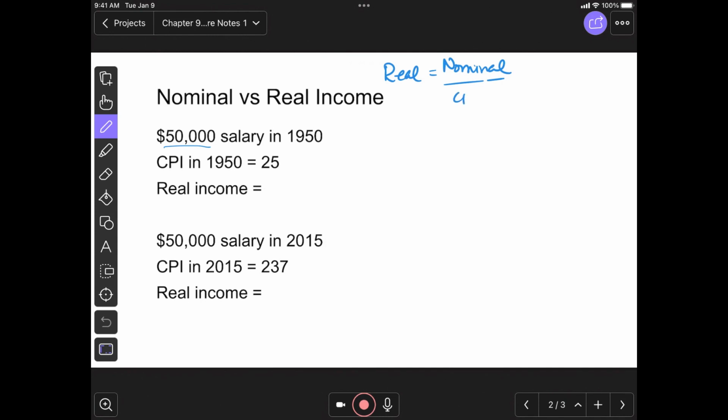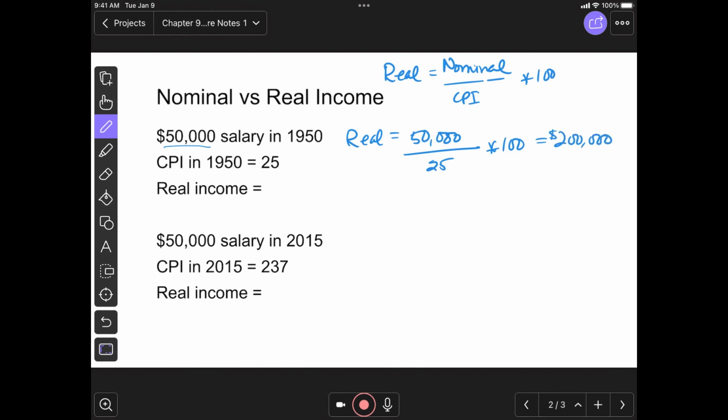Nominal divided by the price index, and then we've got to multiply it by 100 to put it back into whole numbers. So in this case, our real income is going to be our nominal income, which is $50,000, divided by the CPI, which is 25, and we're going to multiply it by 100 to put it back into whole numbers. And so that comes out to 200,000.